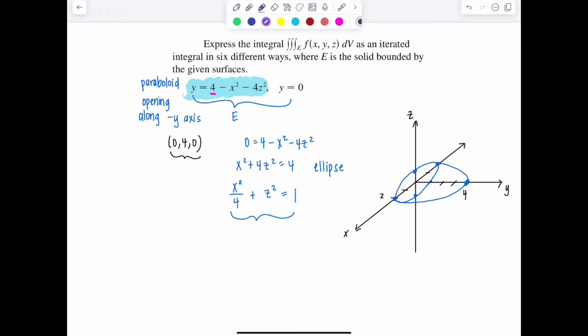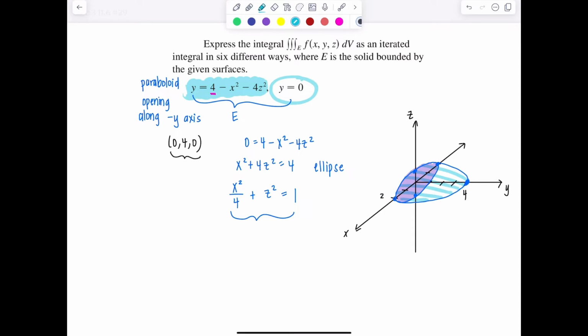This is the base right here in the xz plane. We'll set up that integration order first. We'll do x and z last, which gives us the base, and then the height is determined by the paraboloid here. Normally it would extend forever that way, but we're intersecting it with y equals 0.